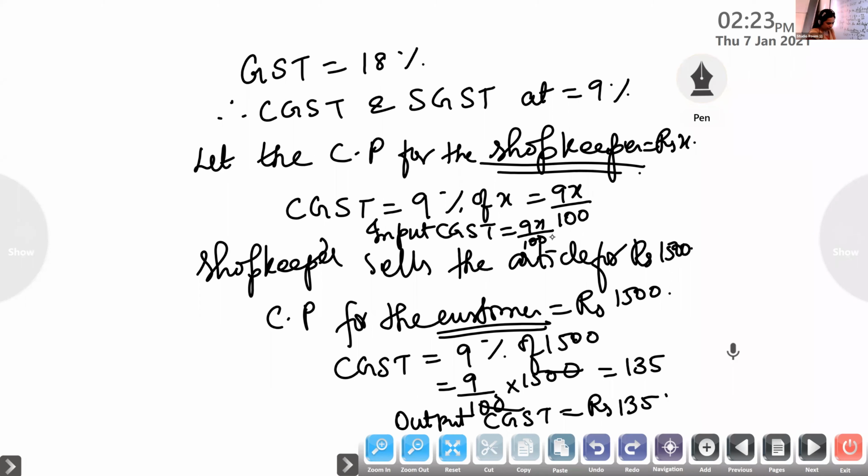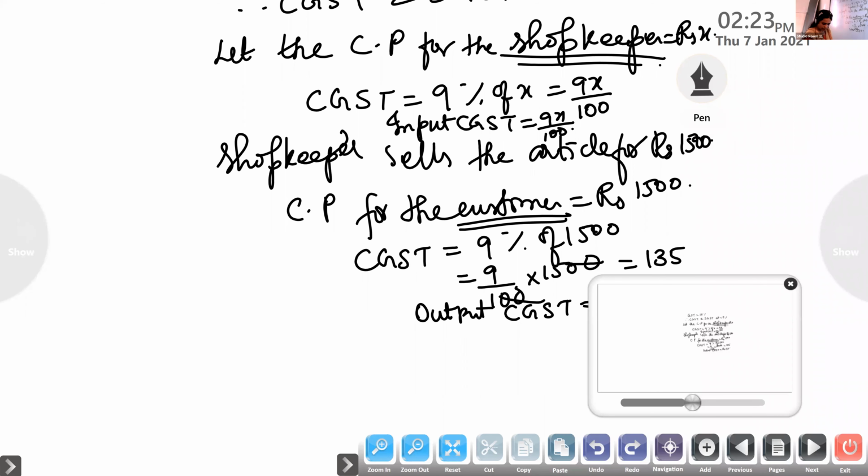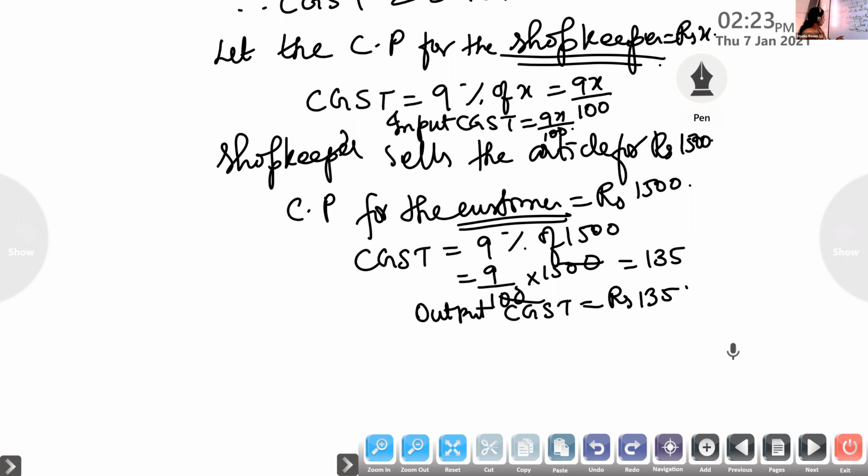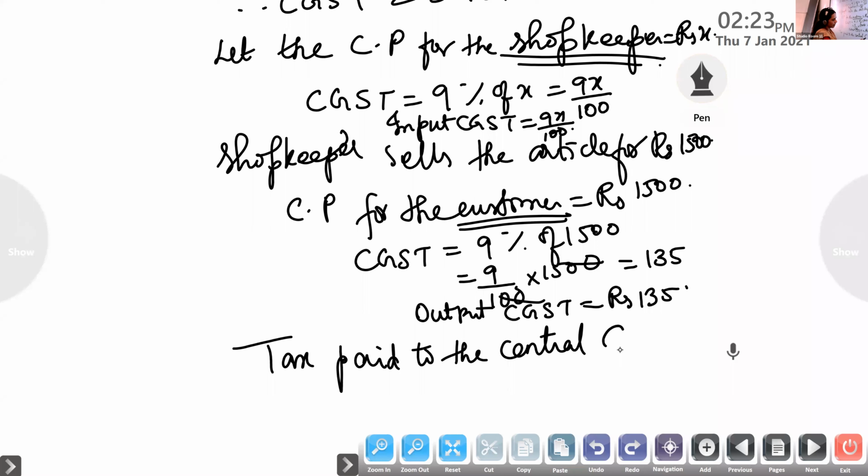This is 9X by 100. Now what is given? Read the question. If the sales are intrastate, the shopkeeper pays a tax of rupees 27 to the central government. So the tax paid to the central government will be the same as output CGST minus input CGST.